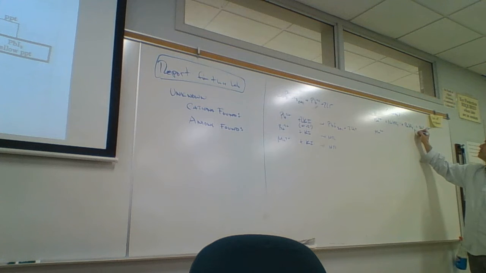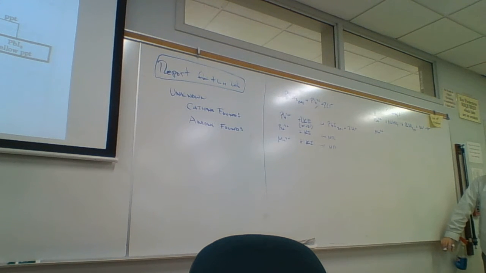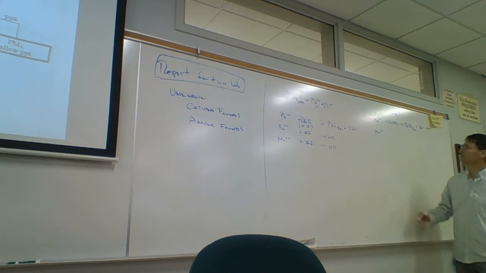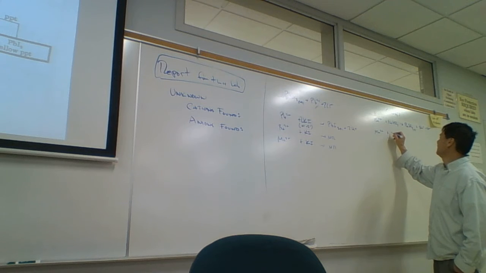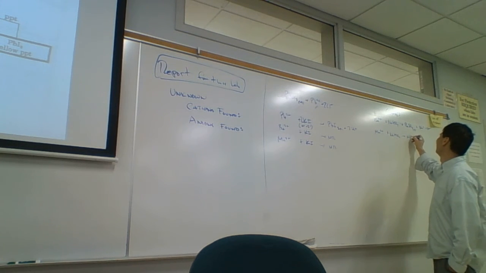Barium sulfate, well, sulfates are soluble except for silver, lead, mercury, calcium, strontium, barium. So barium's an exception, so that's going to precipitate. However, manganese sulfate is soluble, and so we end up with NR here, no reaction.